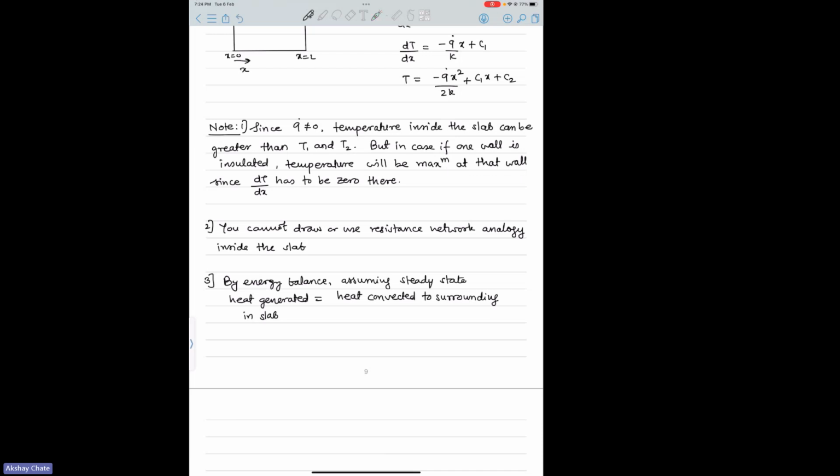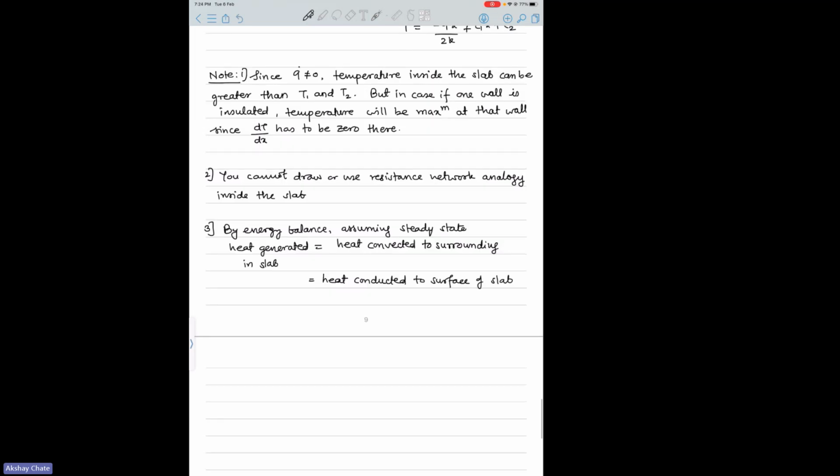And in some problems we should also remember that this will also be equal to the heat conducted to the surface of the slab. Heat generated in the slab will be q dot times, since it's a volumetric heat source, the volume of the slab.